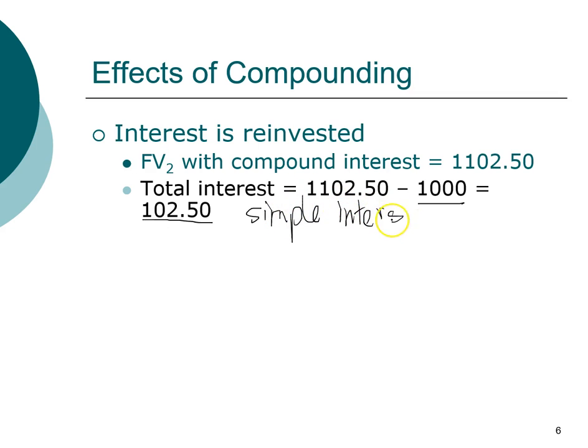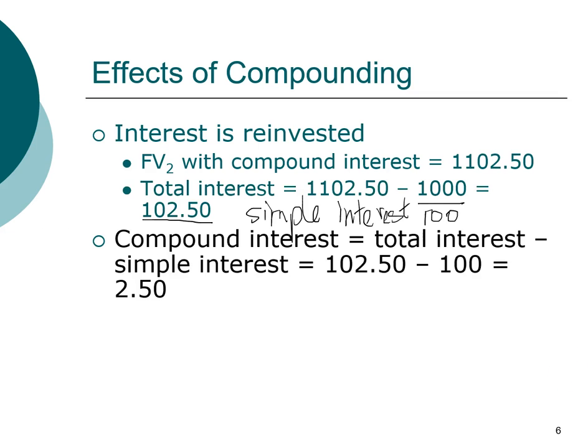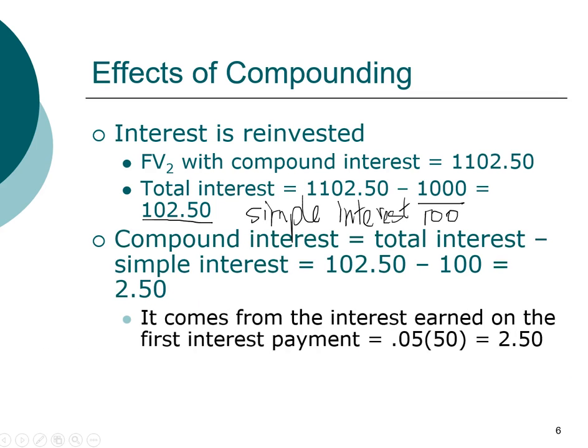So the difference between the two must be due to compounding, and we call that compound interest. So compound interest is the total interest minus the simple interest. We have $102.50, simple interest $100, so our compound interest is $2.50.